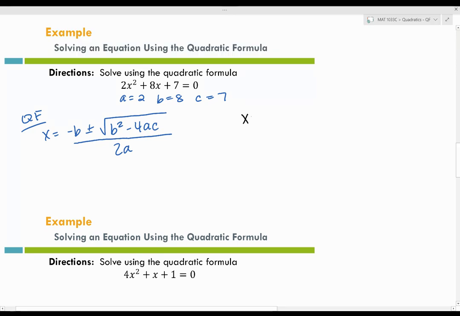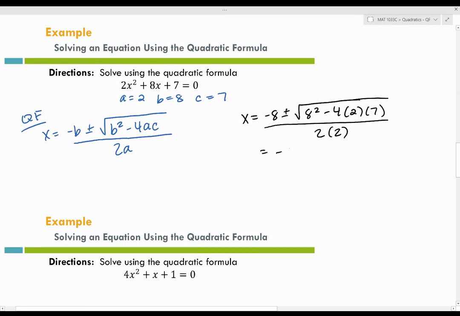So we have x equals negative 8 plus or minus the square root of 8 squared minus 4 times 2 times 7, all over 2 times 2. And we're going to simplify that. So we have negative 8 plus or minus the square root of 64. 4 times 2 is 8, and 8 times 7 is 56. So minus 56, all over 4.